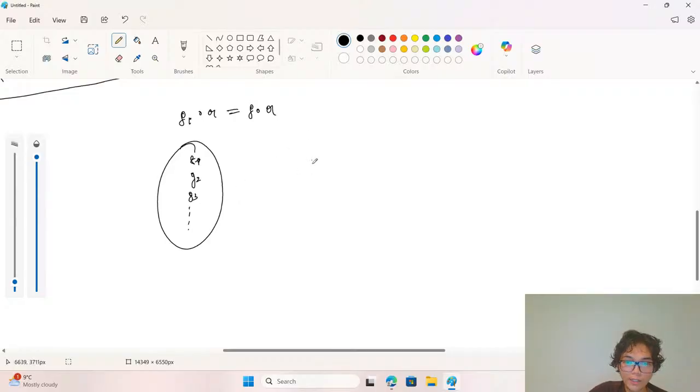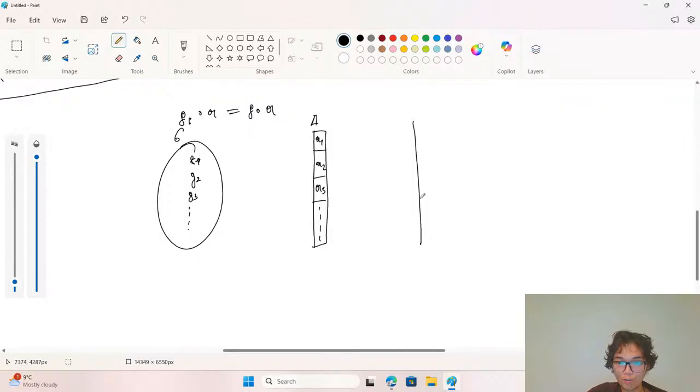And we have set A with a1, a2, a3, and so on, and consider some permutations of A. I called it pi.